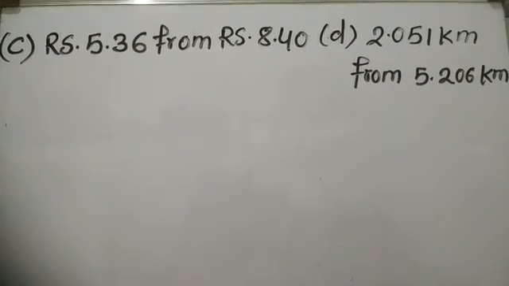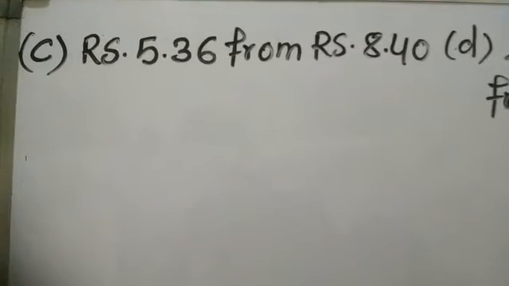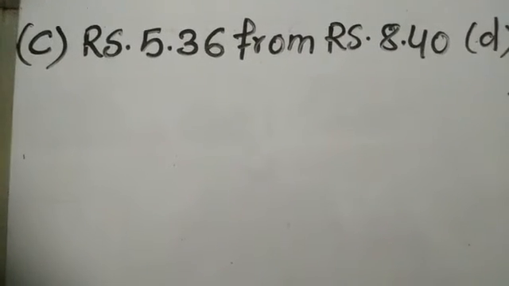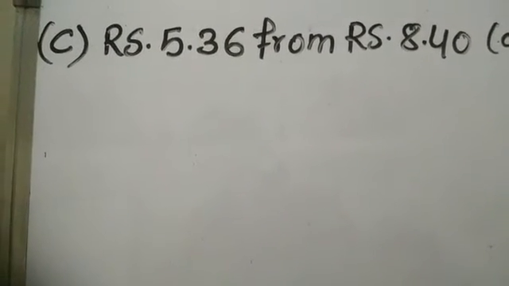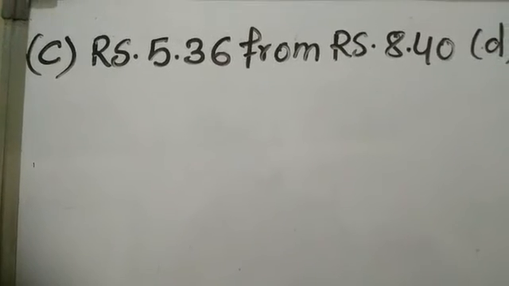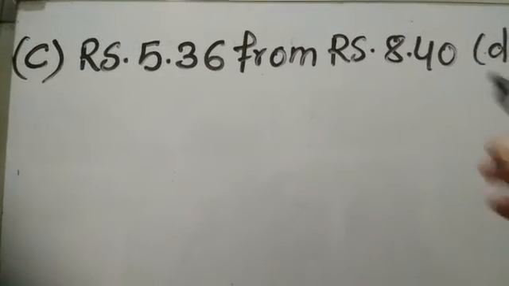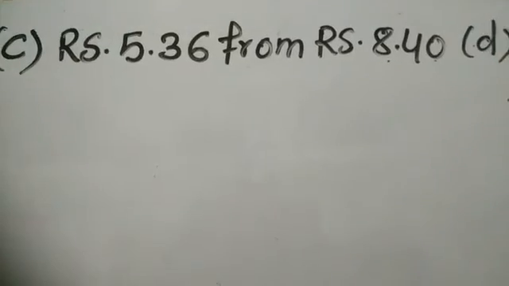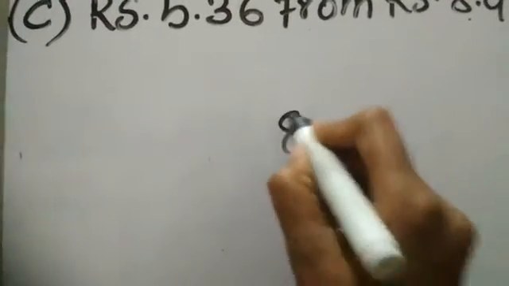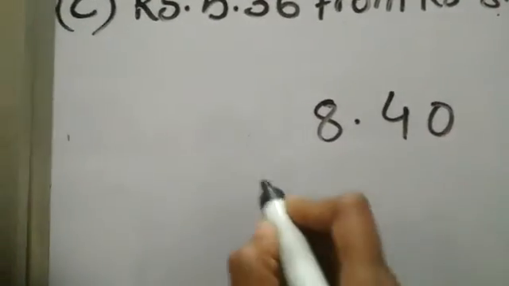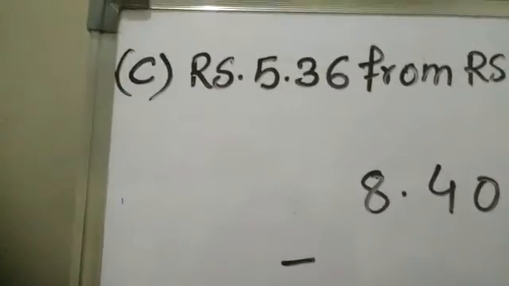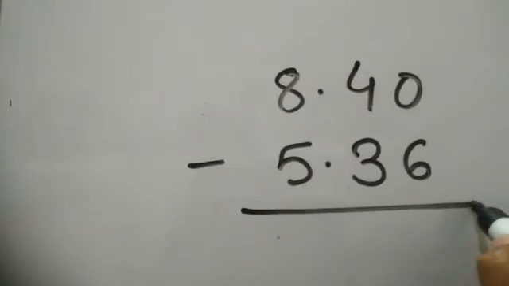Now let us solve some more examples. See the third example. Here we have to subtract 5 rupees 36 paise from 8 rupees 40 paise. Okay, so first we write 8 rupees 40 paise means 8.40. And then I am going to subtract 5.36 from this number.